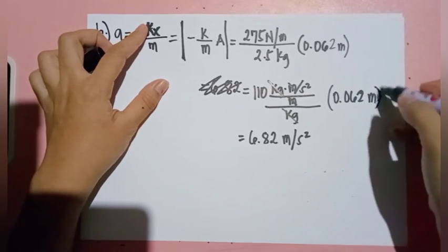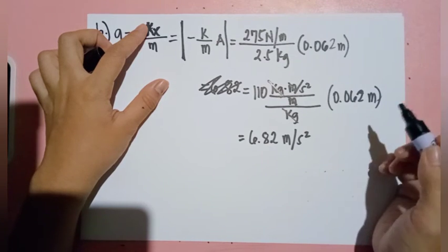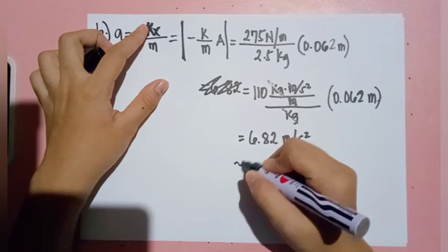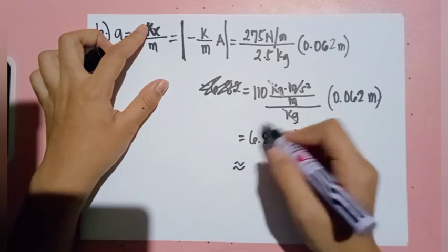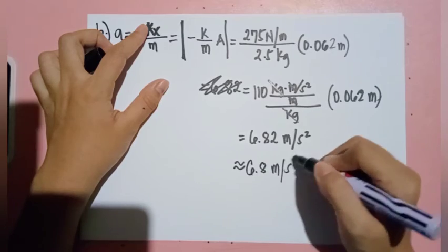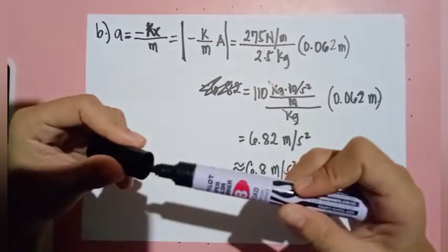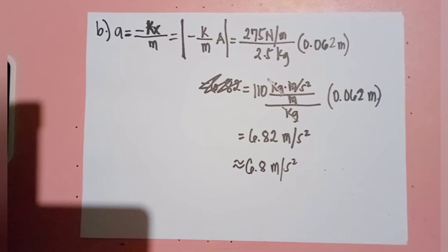Multiply that to the unit m here, we get meter per second squared, or this value can be approximated into 6.8 meters per second squared. So our acceleration is approximately 6.8 meters per second squared.